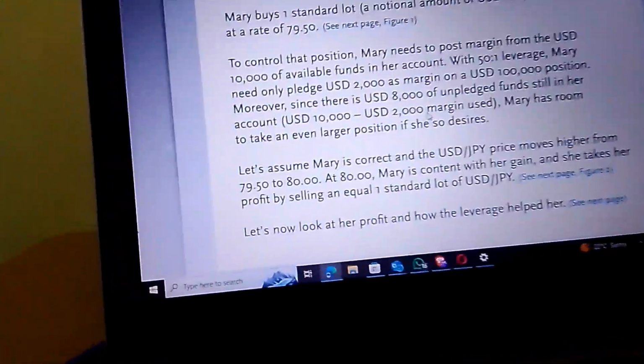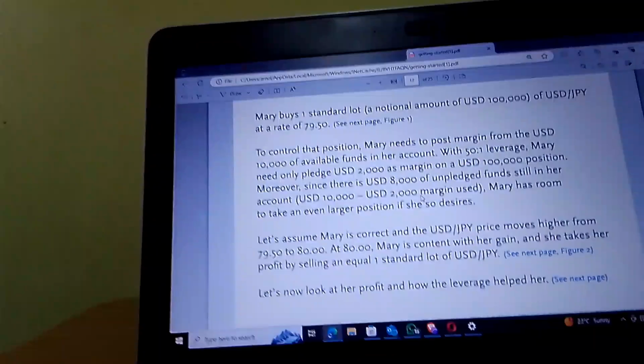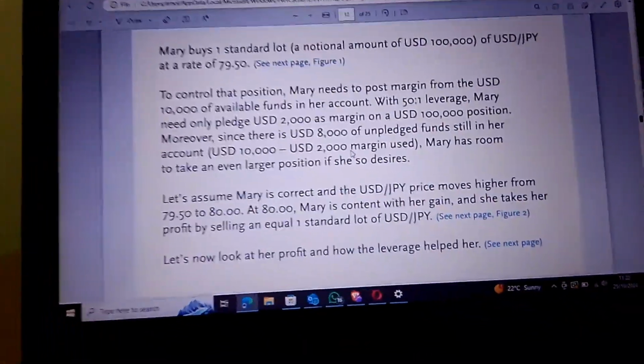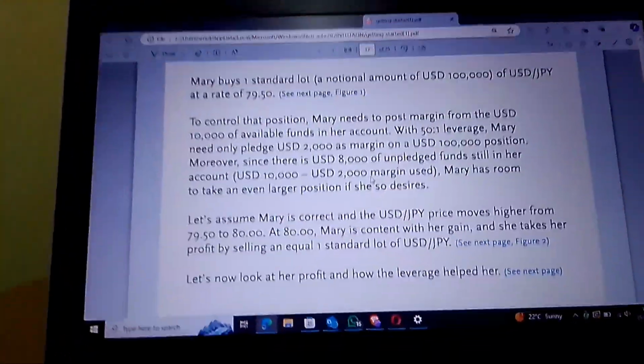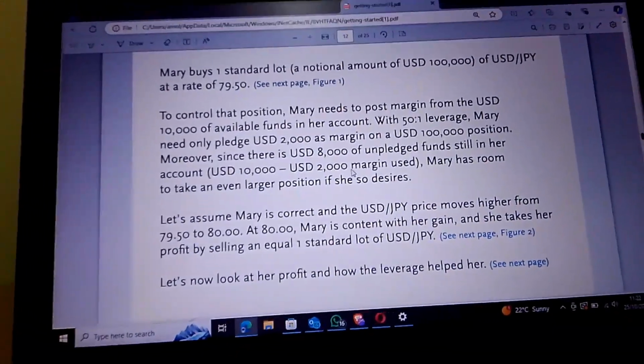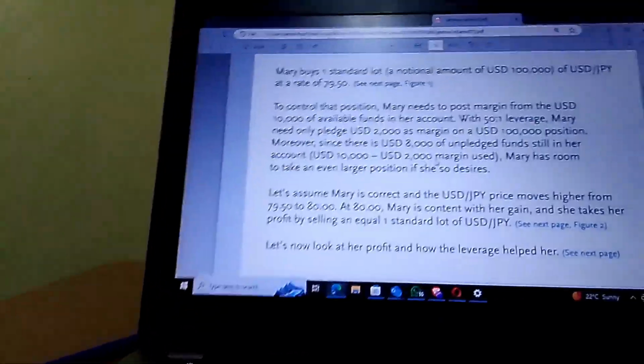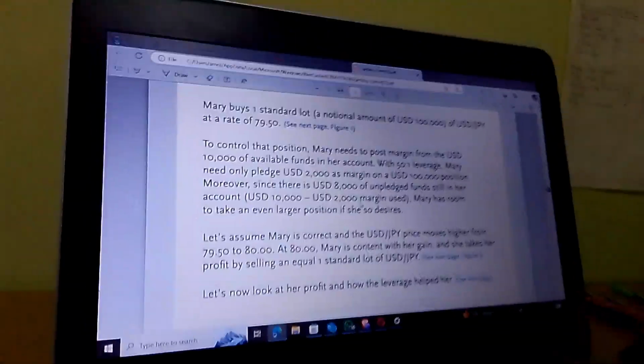So let's go back and see if we understand that. To control that position, Mary needs to post margin from the USD 10,000 of available funds. So we had first seen that Mary had 10,000 in her account. With 50-to-1 leverage, that's the ratio at which she's leveraging, Mary need only pledge 2,000 as margin on a 100,000 USD position.